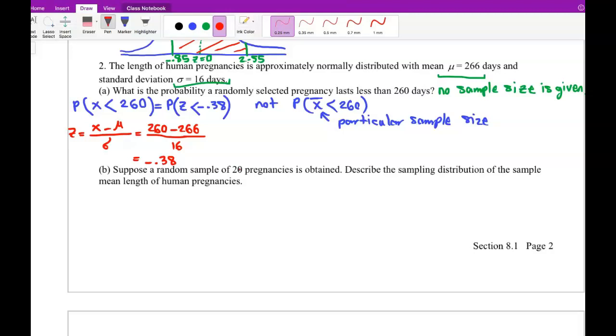Okay, on this part I actually rounded this to two decimal places. Then finding the answer for that part. So after that, using the table, finding z equal to negative 0.38.